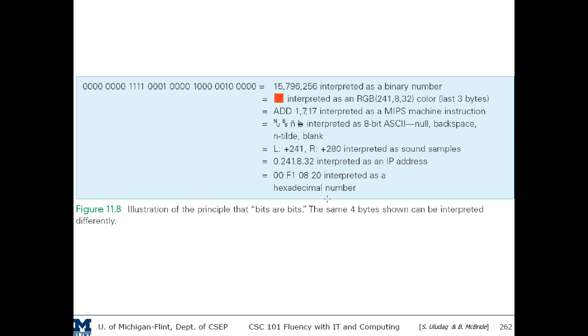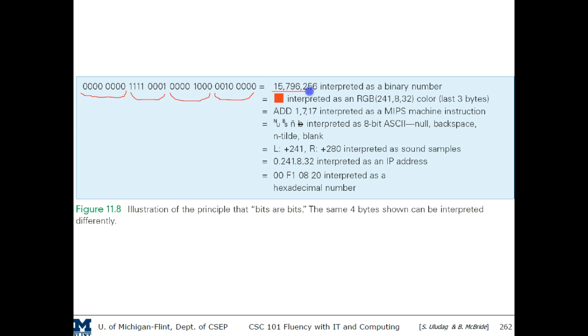For example, in this slide we have 4 bytes of binary numbers, 2, 3, and 4.